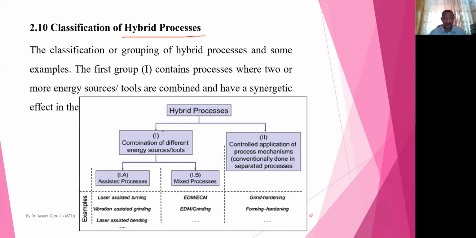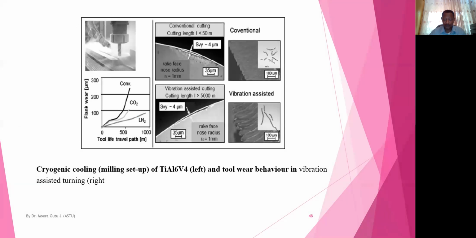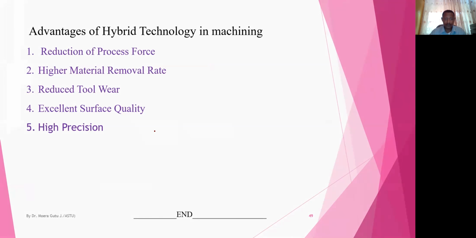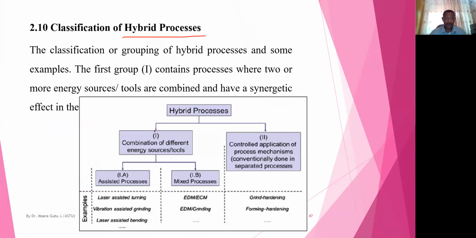The first group is the combination of different energy sources. The second group is controlled application of process mechanisms conventionally done in separate processes. Here we see assisted processes, such as laser assisted turning.